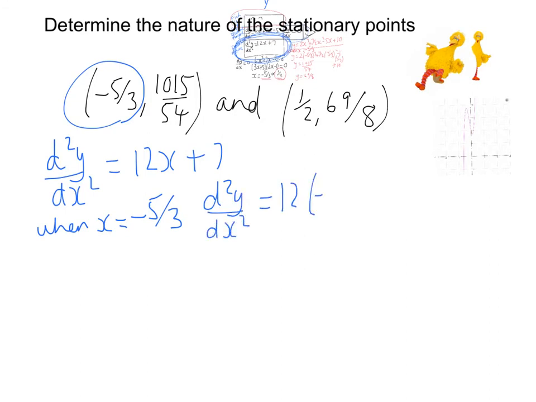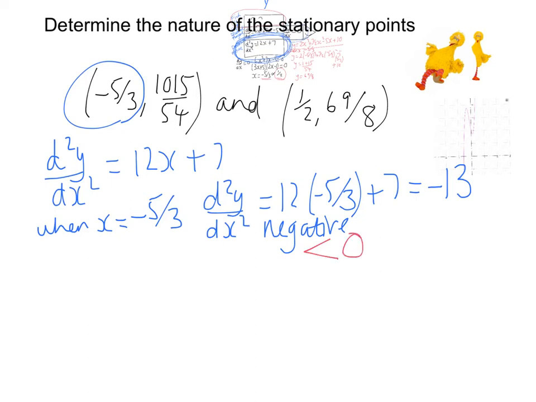So 12 lots of minus 5 over 3 plus 7 equals, okay, I think that comes to minus 13. And because that is negative, we either write the word negative, or some people write it's less than 0. We make a decision about whether that is a maximum or a minimum turning point.